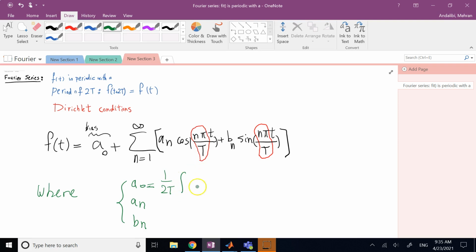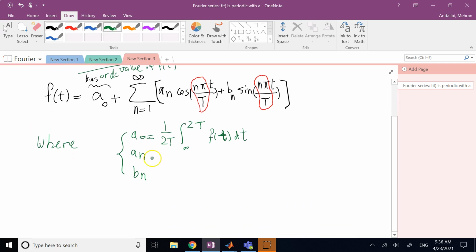It's over one period, depending on where your one period is. If your period is between 0 to 2t, then it's 0 to 2t. If it's between negative t to t, then you write it that way. As long as the limits span one period, you can integrate your function over one period. This is called the DC value, or the average value of the function, or the bias of f.